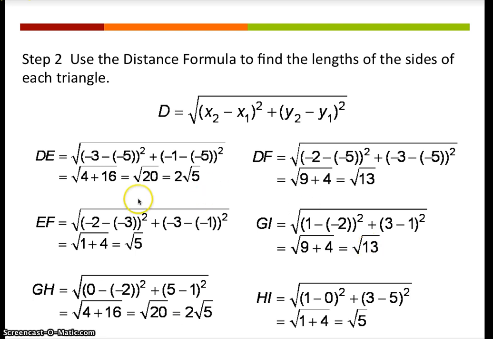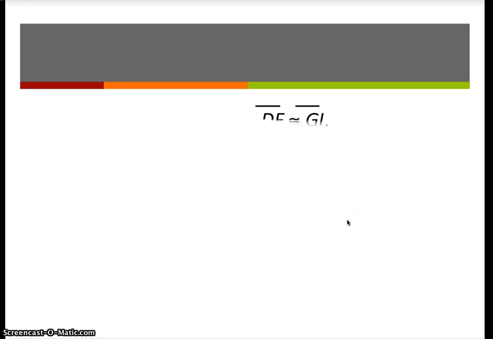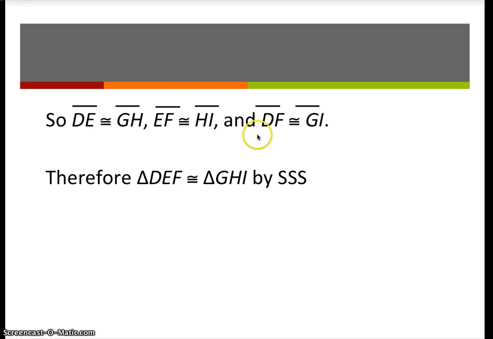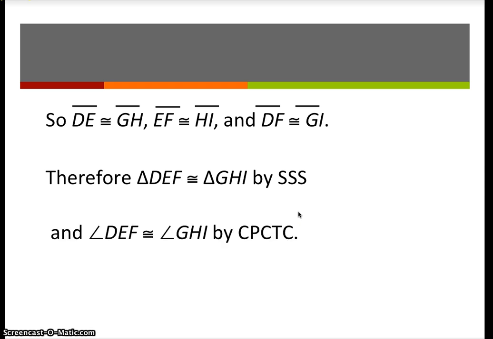So the sides from this triangle are equal to the sides from the other triangle. So since all 3 sides are equal to each other, therefore, triangle DEF is congruent to triangle GHI by side, side, side. And now that we know the triangles are congruent by side, side, side, we can reach the conclusion that the angles are in fact congruent by corresponding parts of congruent triangles are congruent.